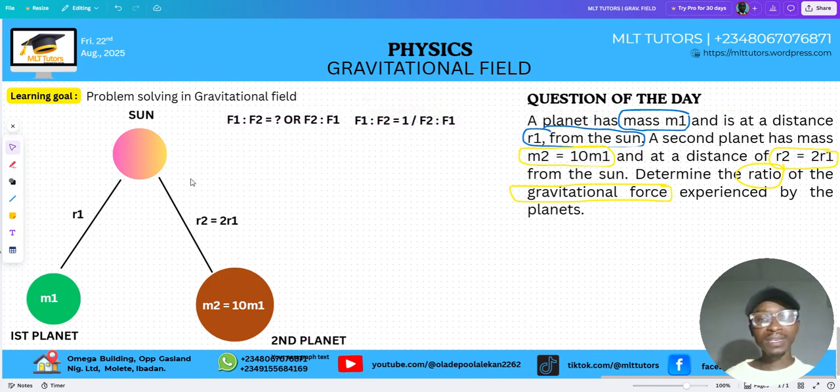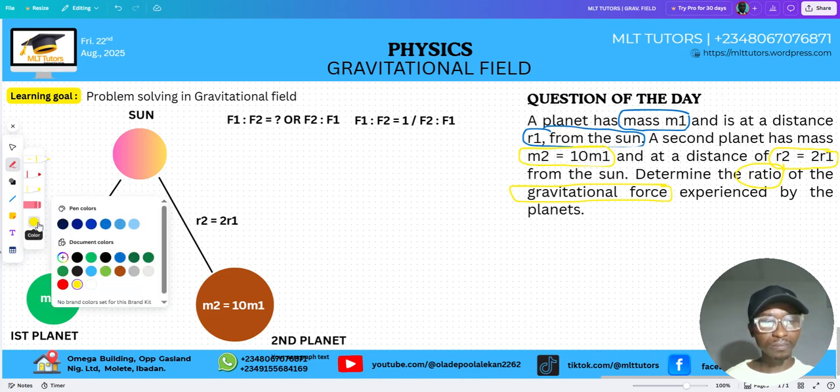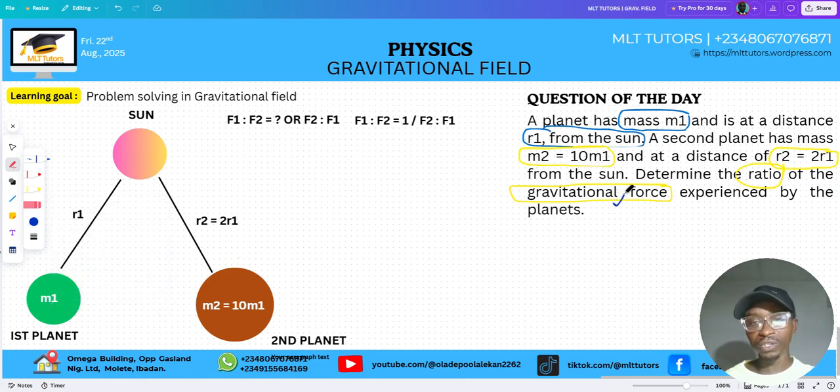Now, let's start solving the problem mathematically. All right, good. To solve mathematically, the formula we are going to adopt, because we are looking for gravitational force.